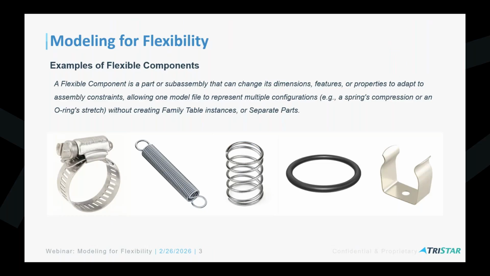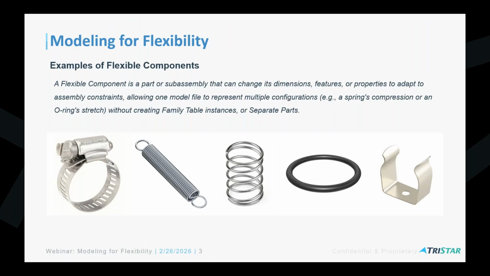And so these are some examples of different parts that we may purchase off the shelf, and we put them in our assemblies, but when we put them in the assembly, they are in a different configuration. For example, a hose clamp, the diameter would change. For a tension spring, the length would change.